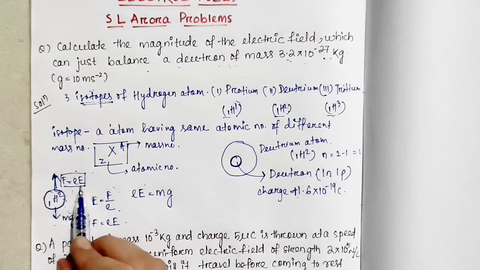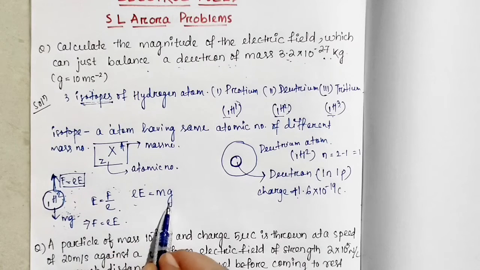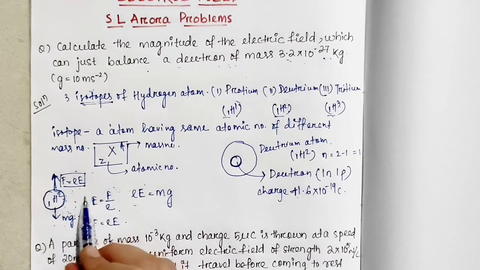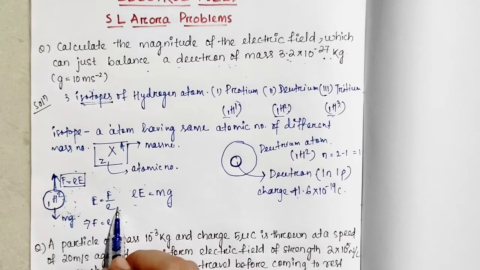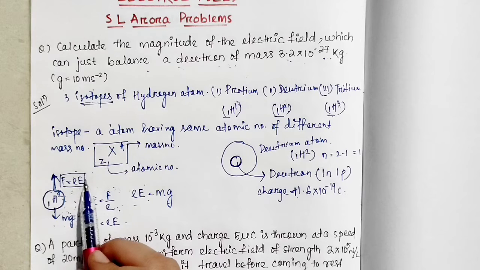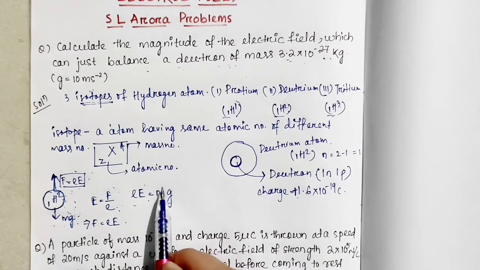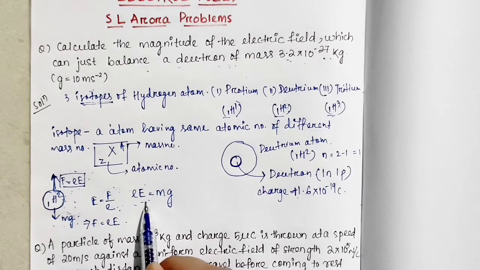To balance it we can find the electric field E. Using the formula E = F/q, we equate the electrostatic and gravitational forces, and by this we get our electric field value.